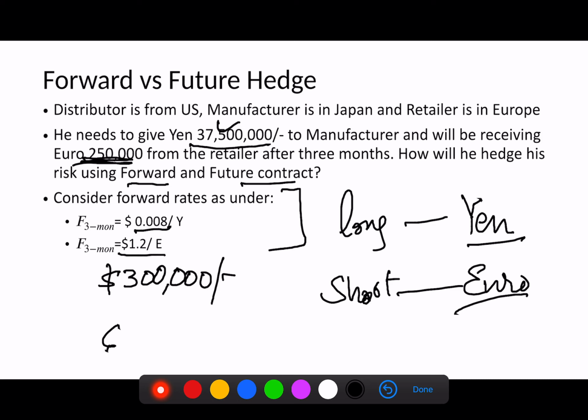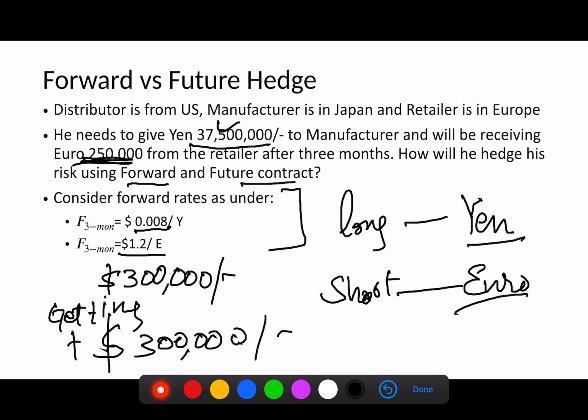You will get $300,000. So this is plus, and you will be paying 300,000 to buy the Japanese yen, and this is what you are getting by converting your euros in the forward market, by selling your euros, and you will get the US dollars.